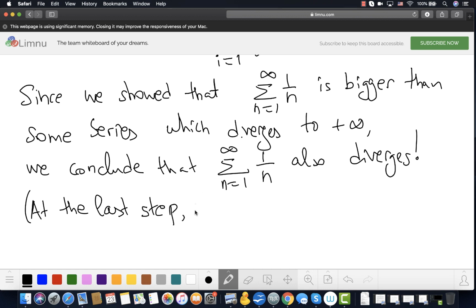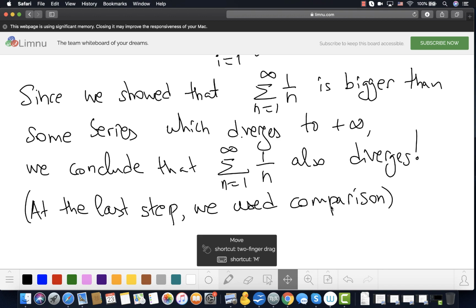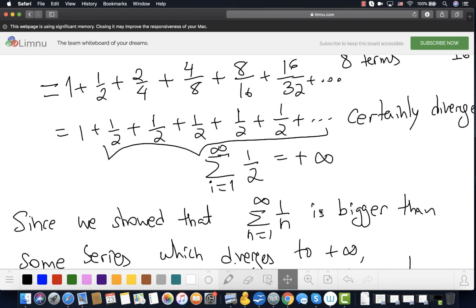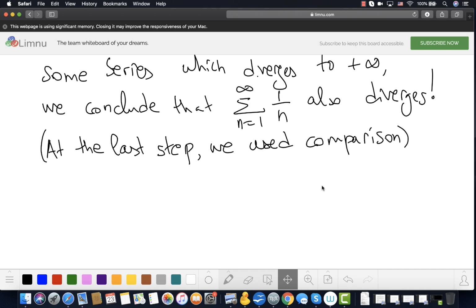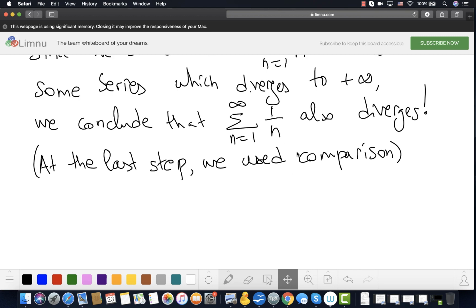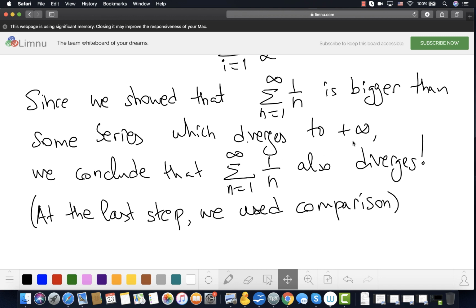It's the same thing here. If you're bigger than something that diverges, you must diverge. And later we'll also discuss that if you're positive and you're smaller than some series that converges, then you must also converge. That's the other version of comparison. But certainly, if you're bigger than something that diverges to infinity, you must also diverge towards plus infinity.